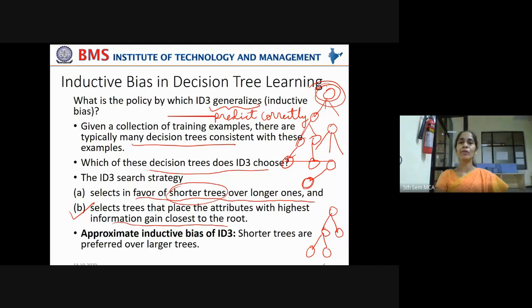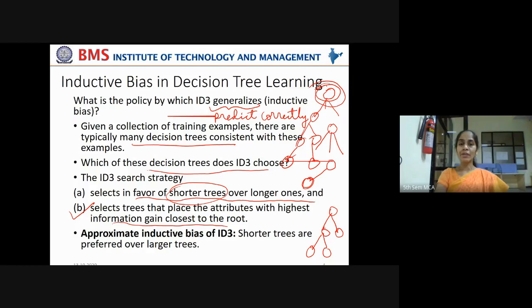It tries to select only shorter trees. So how do you have an inclination towards shorter trees? How do you bend towards shorter trees? By selecting information gain as the statistical, mathematical measure in order to construct the decision tree.